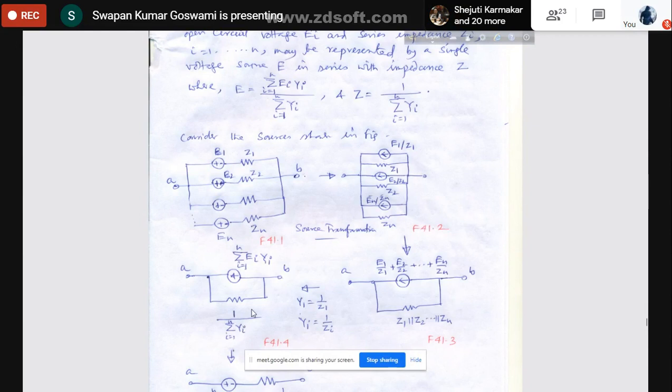This is how you can obtain the single source equivalent of all these sources. This is the current source, the sum of all currents, and this is the parallel impedance of all impedances.